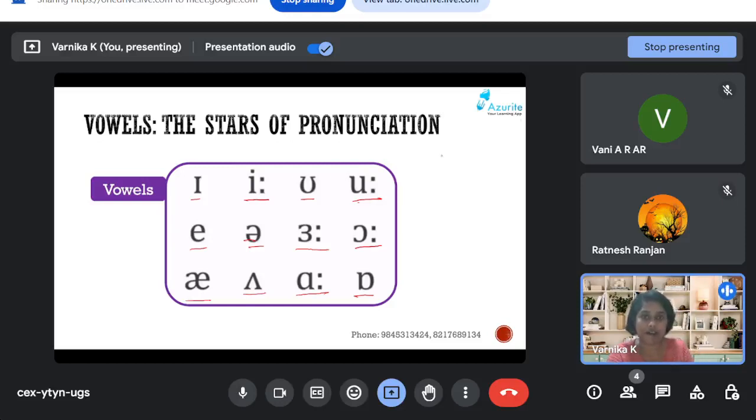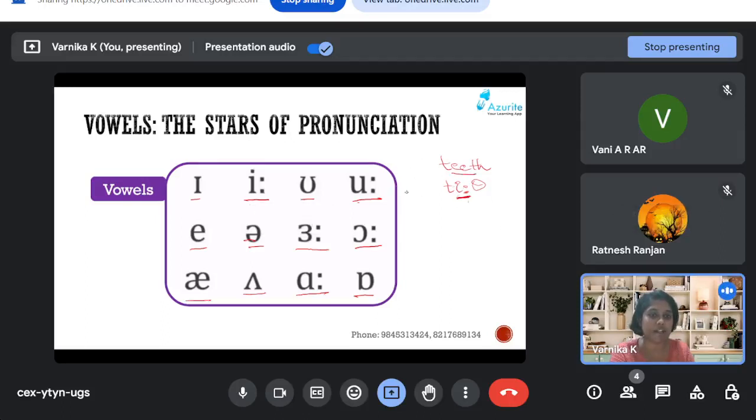Like, for example, if I have to read this word, in IPA, they will write it like this. This is how they will write in IPA. So what this is telling me is that I have to elongate the E sound.